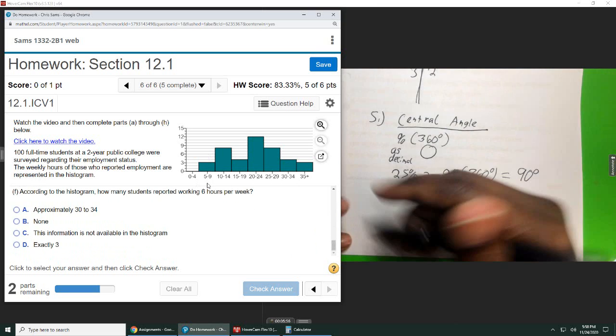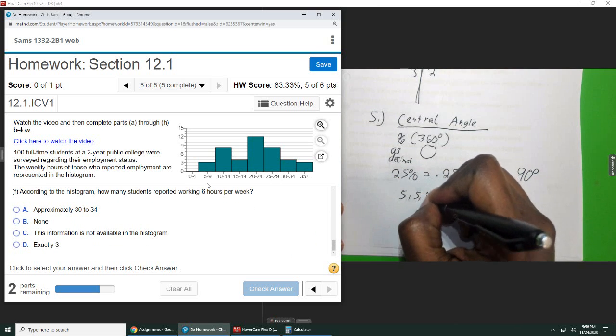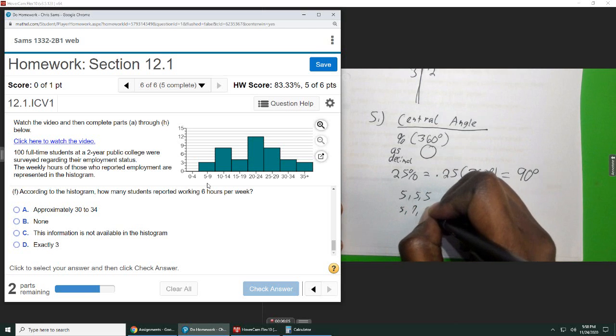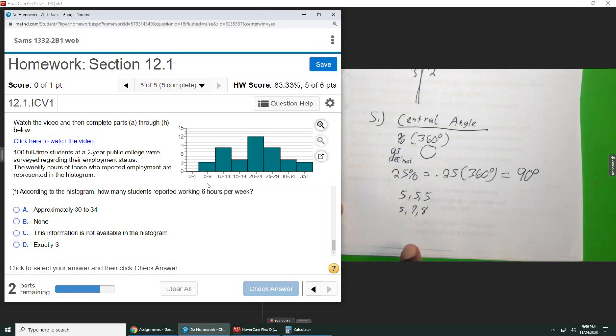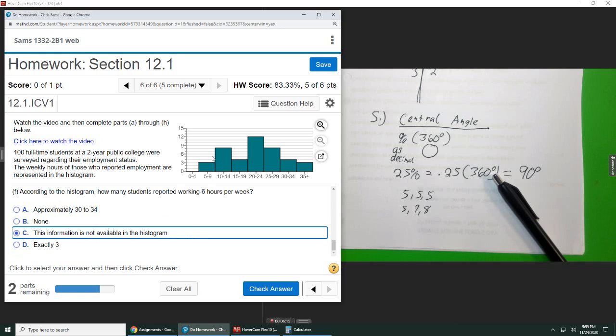All 3 of those people could work 5 hours, or none of them could work 6. They could work 5, 7, and 8 hours. It could be anything between 5 and 9. So we cannot tell. This information is not given. We just know that 6 is in this ballpark.